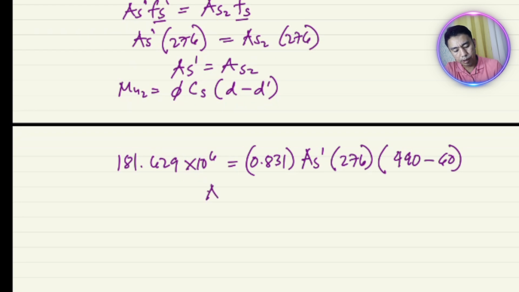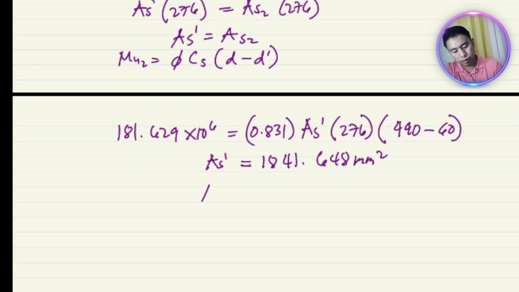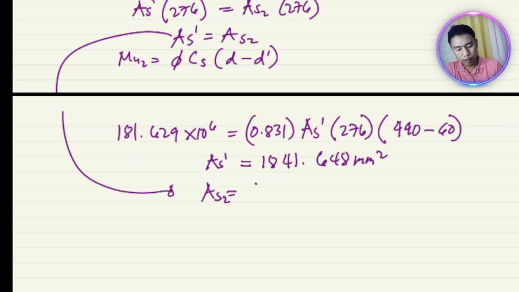So, we have our As prime is equal to 1841.648 mm squared. So, ang As2 rin natin, di ba? Here, you can see, ang As2 is equal to As prime, which is equal to 1841.648.